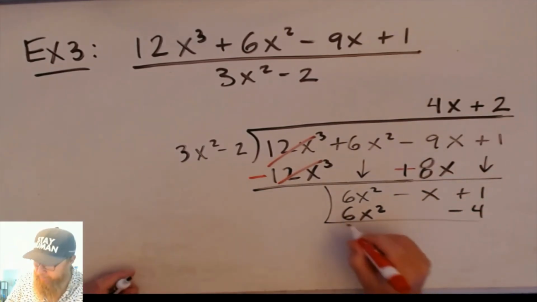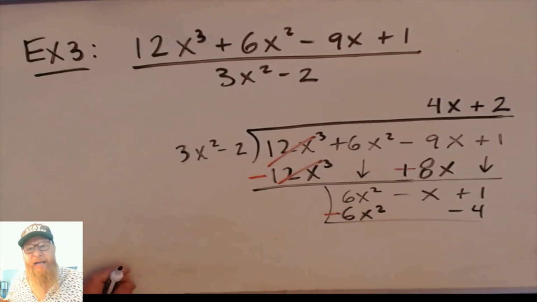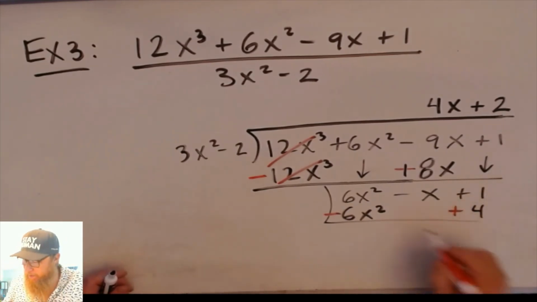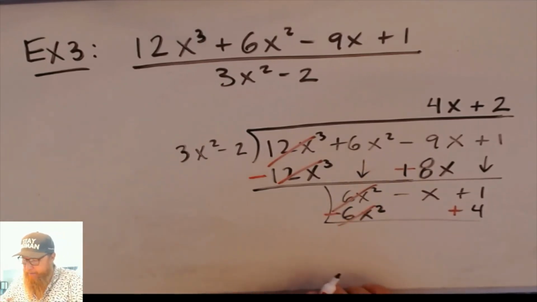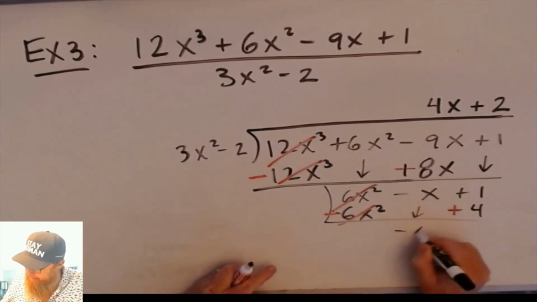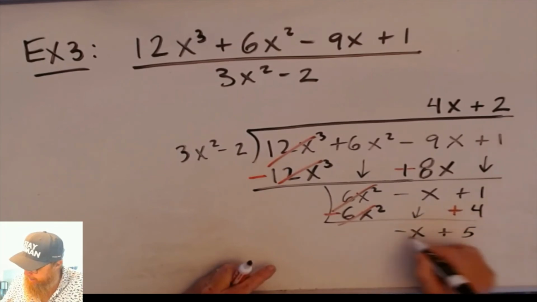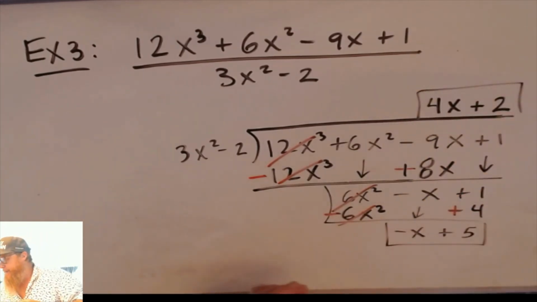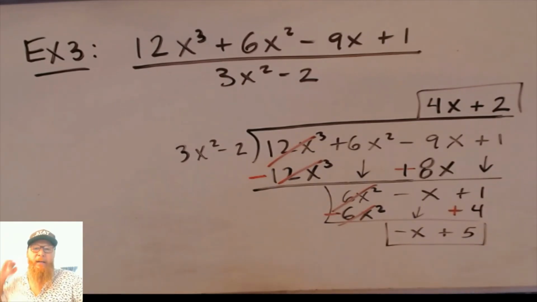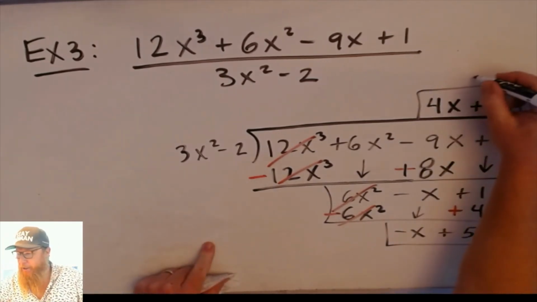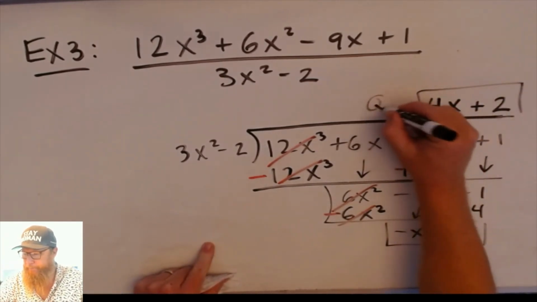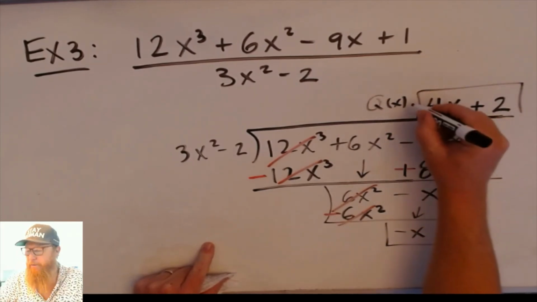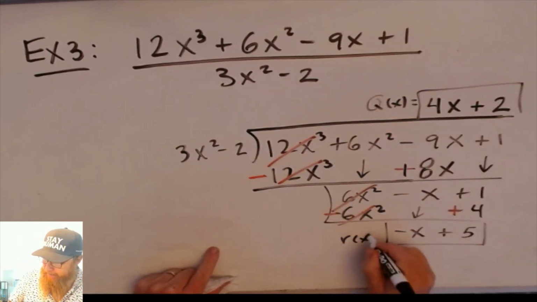Then here comes your minus sign, negative 6x squared, positive 4, kill the leader, bring down the negative x plus 5. Okay. So this is going to be our q of x, and this is our r of x.